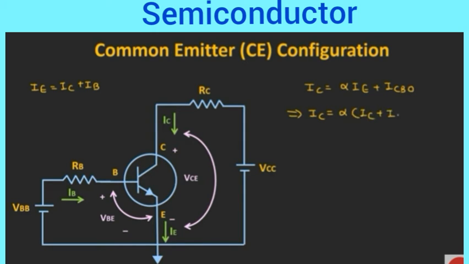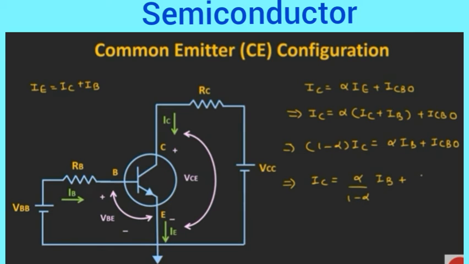That means IC equals alpha into (IC plus IB) plus ICBO, and if we rearrange the equation, we can write (1 minus alpha) into IC is equal to alpha into IB plus ICBO. That means IC is equal to alpha upon 1 minus alpha into IB plus 1 upon 1 minus alpha into ICBO.